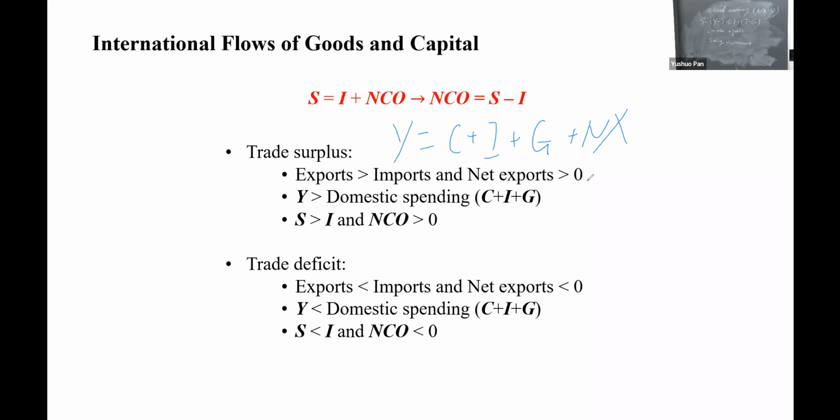If NX is bigger than zero, then NCO is bigger than zero, then S is bigger than I. And the same, if a trade deficit happens, exports are smaller than imports, and the net exports are smaller than zero. And the same reasoning applies.